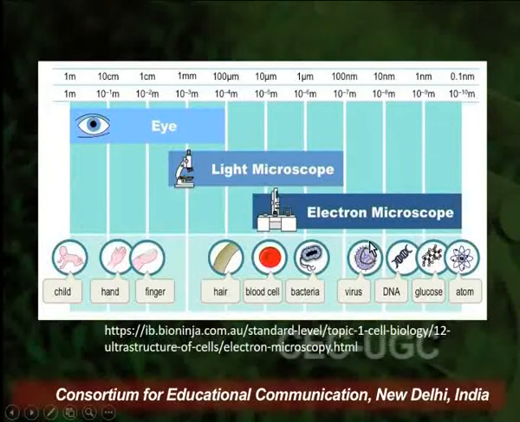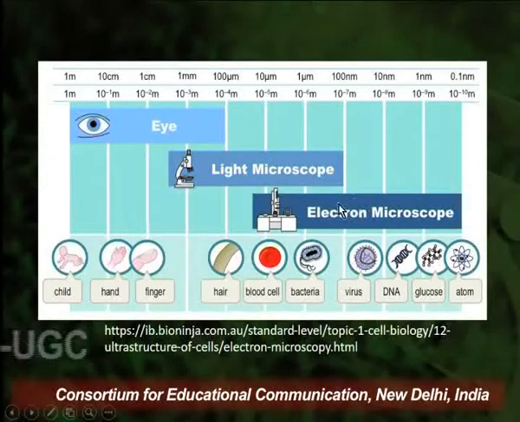For example, viruses would always be observed in a much better way with the help of an electron microscope.